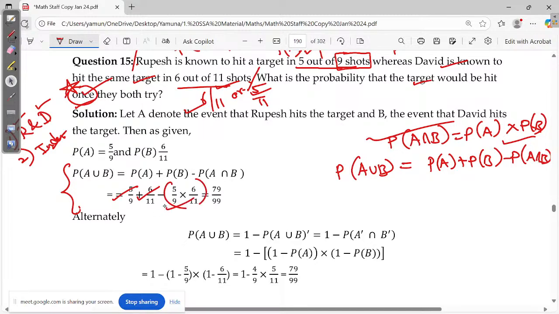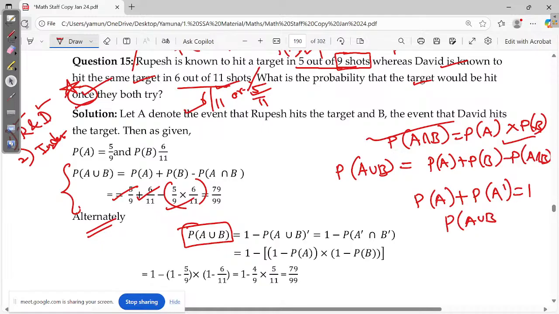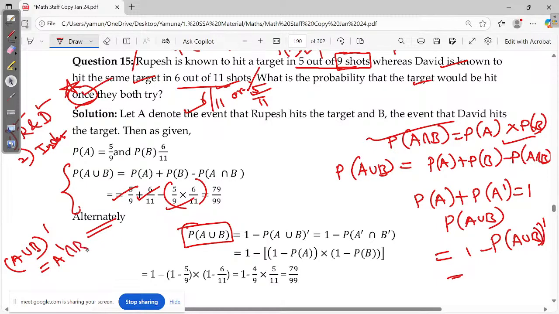We just discussed this. Or there's an alternative way. When I talk about A union B, we know the total probability is equal to 1, so P of A dash is 1 minus P of A. When I talk about P of A union B, I'm simultaneously talking about 1 minus P of A union B, the whole dash. Using De Morgan's theorem, A union B, the whole dash, can be written as A dash intersection B dash.